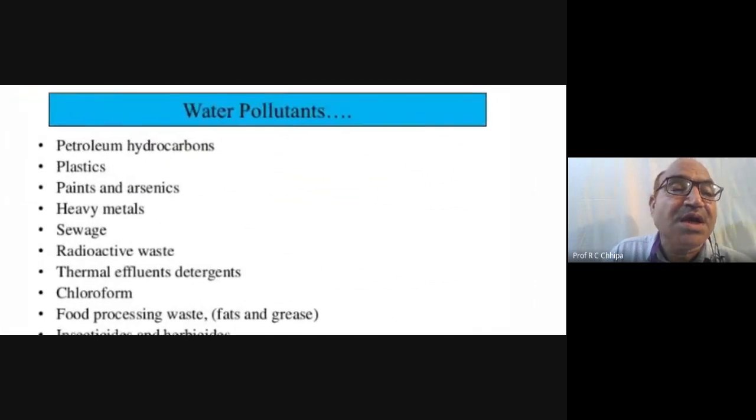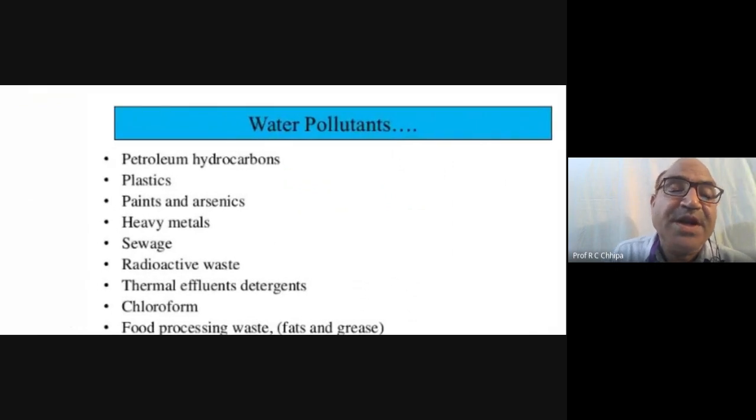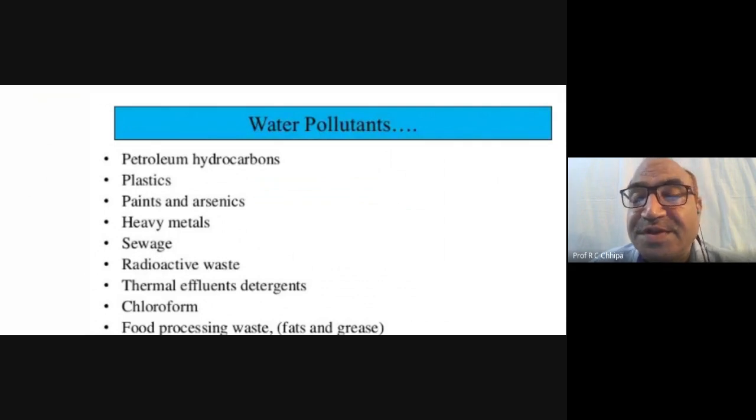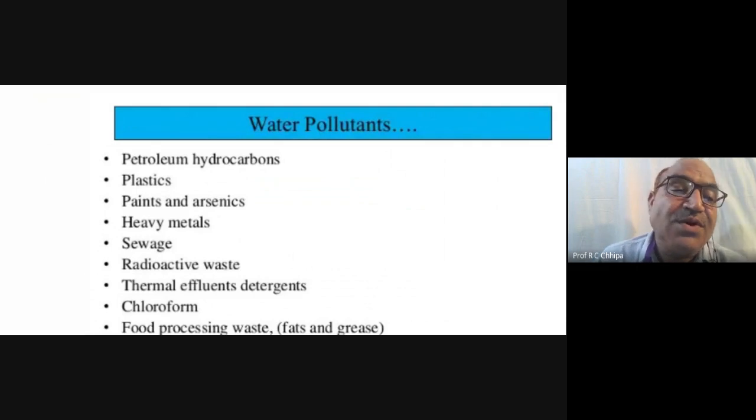Those are obtained from the petroleum resources. When we have petroleum, it undergoes processing and refining, and different petroleum products are obtained. What are those petroleum products? Very simple: diesel, and petrol. So these are the petroleum products.